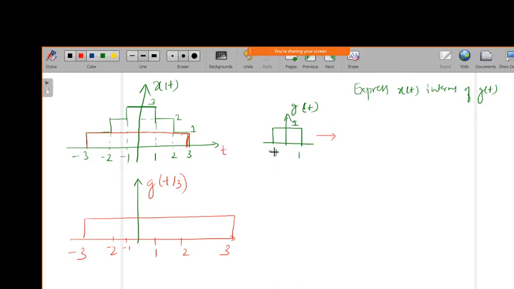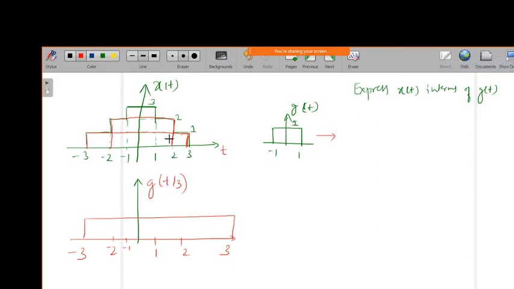Yes, sir. So first we need to do the scaling, that is t by 3, because we need to get to 3. Okay, so now after this I need to get this one. But I need to add to it the base value, whatever g of t by 3 is there, I need to add upon that.